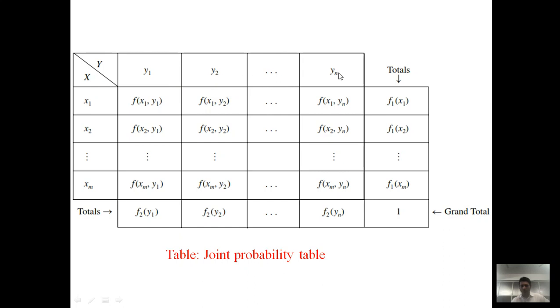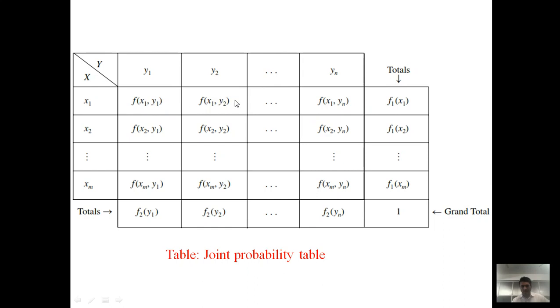Now corresponding to x1 and y1 the value is f of (x1, y1), for x1 and y2 the value is f of (x1, y2), and so on. Corresponding to x1 and yn, the value is f of (x1, yn).